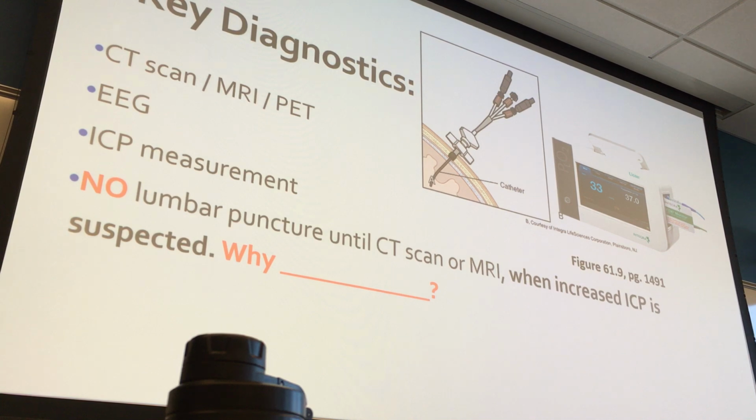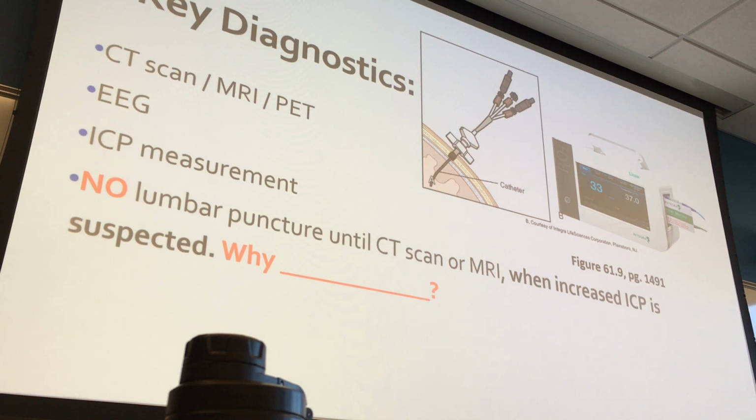Why would you think that we don't want to do a lumbar puncture when we're suspecting increased intracranial pressure? Could it be worrying about increased pressure due to infection? Well, yes, anytime you access the skin you're always going to have a risk for infection.